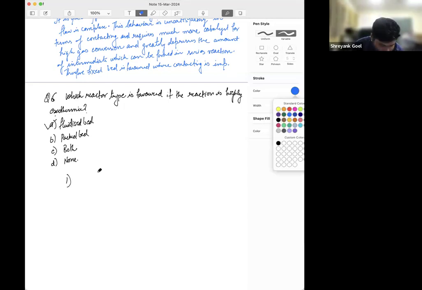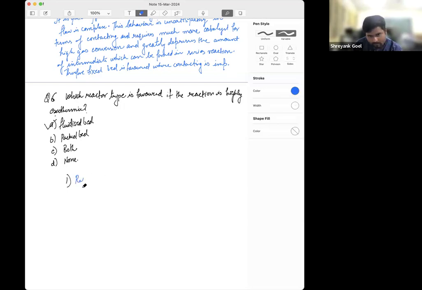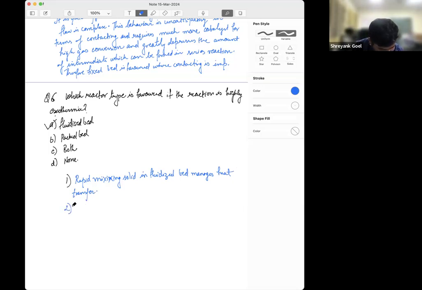So we are having a rapid mixing of solid in the fluidized bed, which manages heat transfer, and then we are sort of having isothermal conditions.